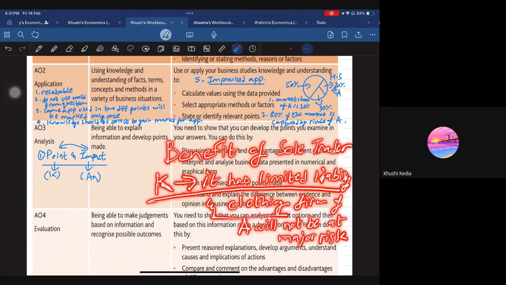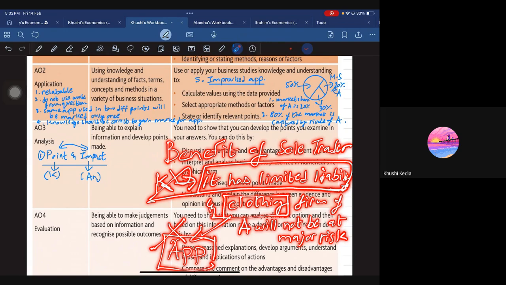So the clothing part that you have written is your application, but he is not going to consider this application, although it is right. It is written in the case study. Why? Because you made a wrong benefit here that a sole trader has a limited liability. It has an unlimited liability. So when your knowledge is wrong, you are not going to get any mark for the clothing.